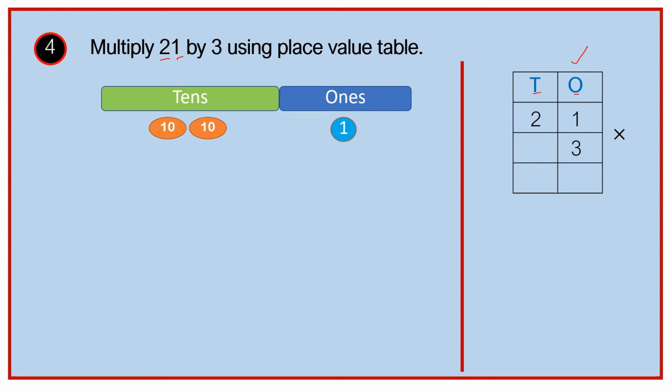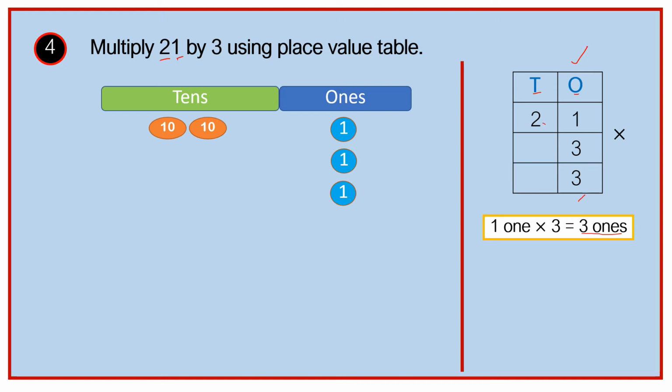So we get 1, 2, and 3. So that means that 1 times 3 equals 3 ones. And we write 3 ones in the space for ones. So we write 3.